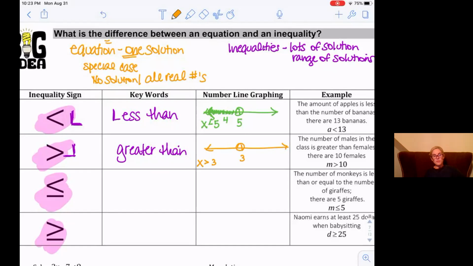Then we're looking for values of x that would be bigger than 3, like 4, 5, 6. Those are values to the right of 3, so we would shade to the right.